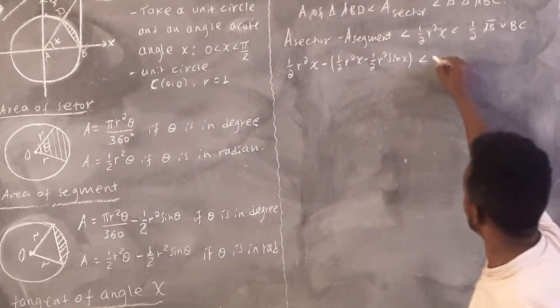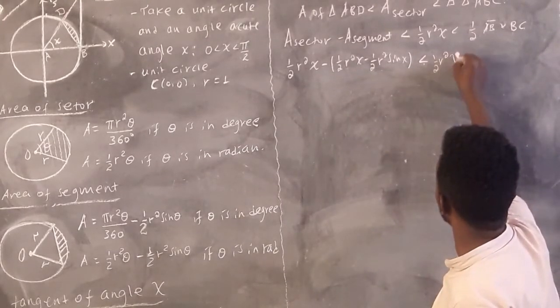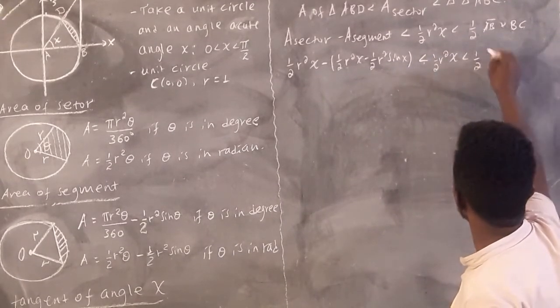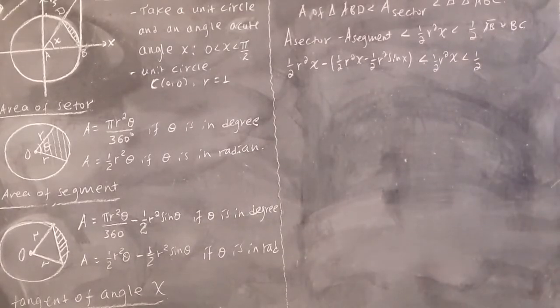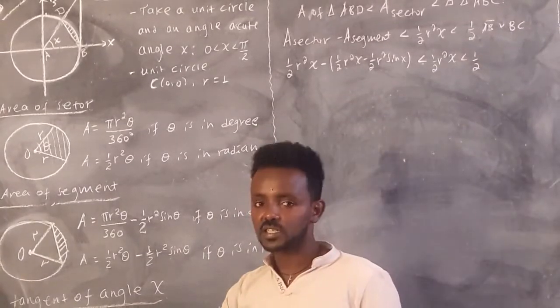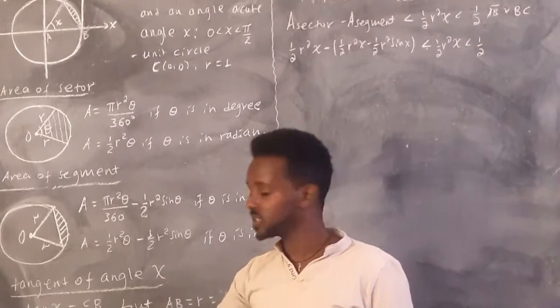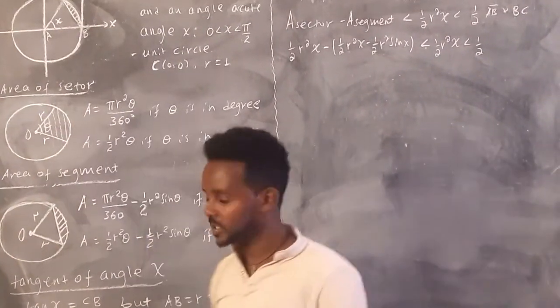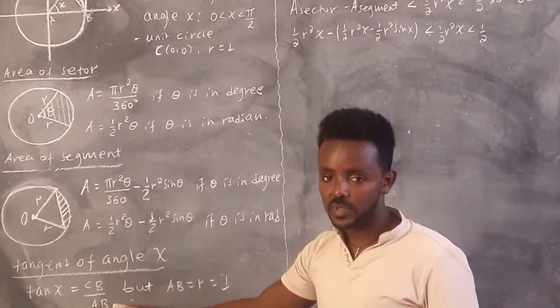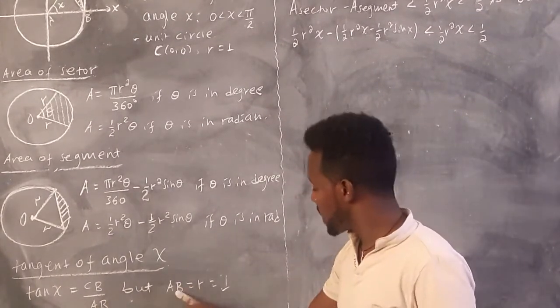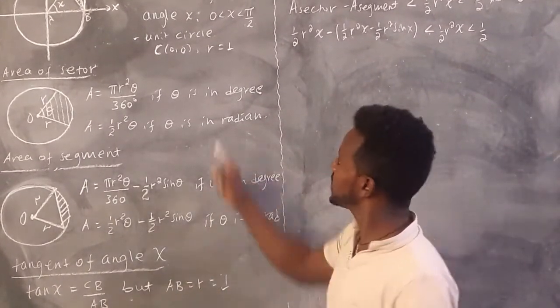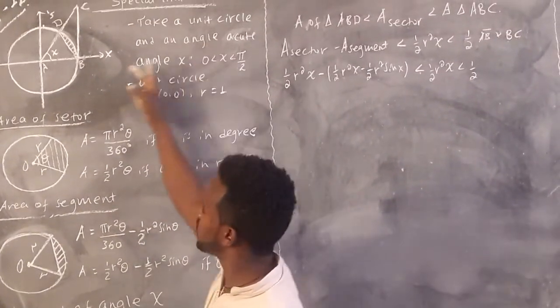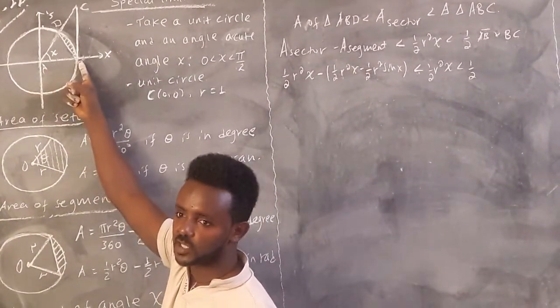So half times r squared x is less than half times AB times BC. Here we have tan x, the tangent of the angle x, which is opposite over adjacent, BC over AB. AB is the radius, and remember that the radius of a unit circle is 1 unit.